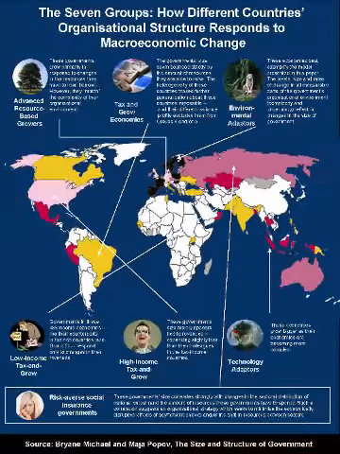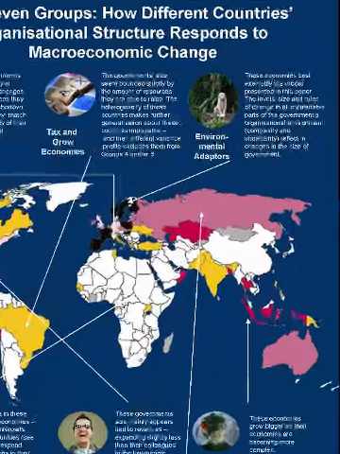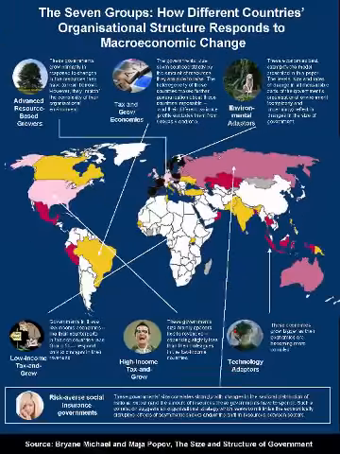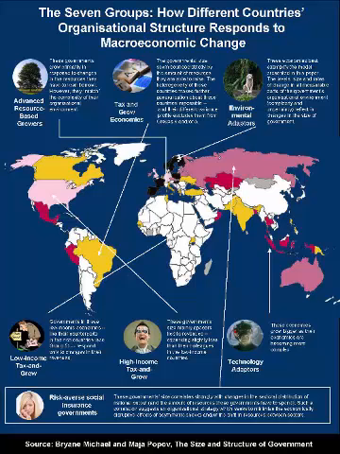The third group of governments are what might be called environmental adapters. These economies best exemplify what we mean by the contingency-based approach to organizational change. We find that the levels of government expenditure as a proxy for size, as well as rates of change of all parts of government, namely not only the size, but complexity and uncertainty of the organizational environment, tend to change in tandem.